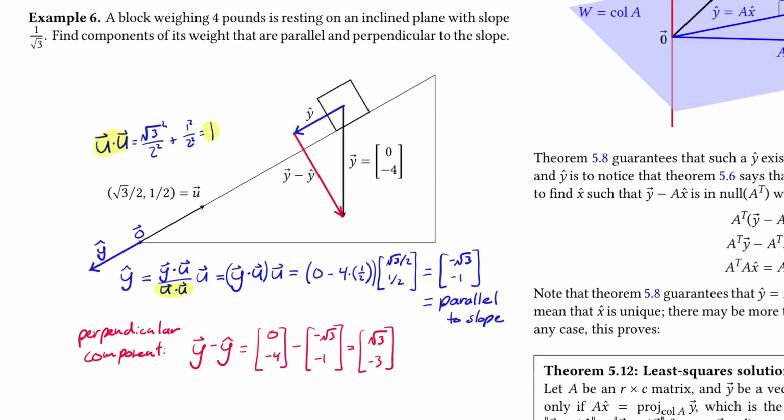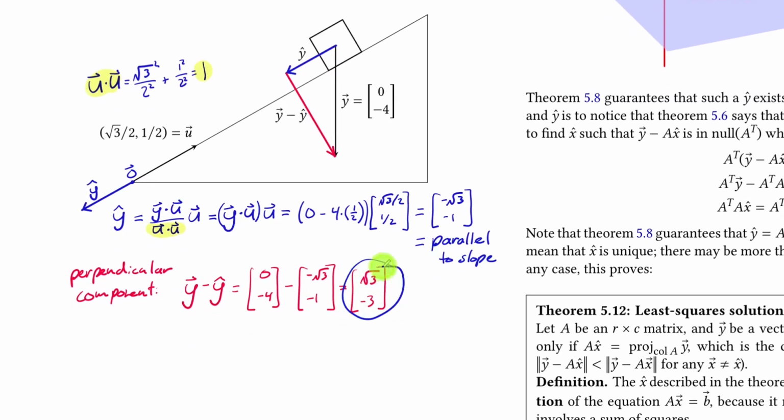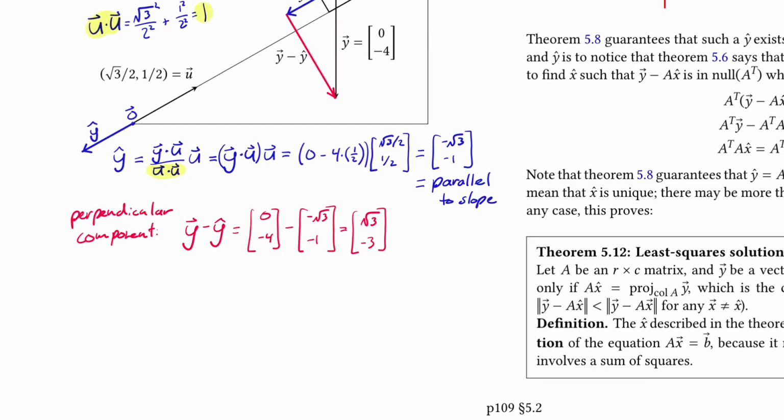Now, we don't just want to know these as vectors. If you're doing physics, you want to know how much force is there parallel to the slope, how much force is there with friction, and how much is the normal force. So we need to get the lengths of these vectors, the magnitudes.